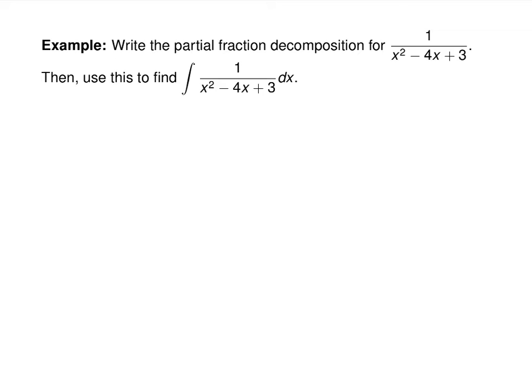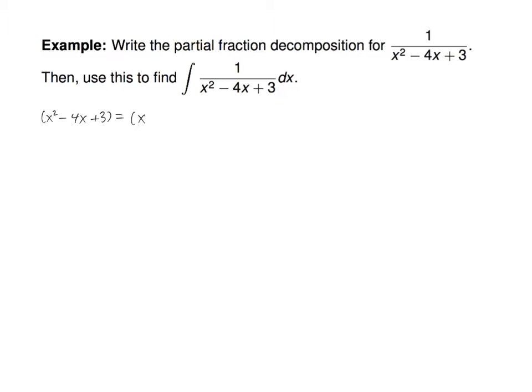Partial fractions allows you to take fractions that have been added together and uncombine them. How you start is you factor the polynomial in the denominator. So how does x squared minus 4x plus 3 factor? Factor, not complete the square.